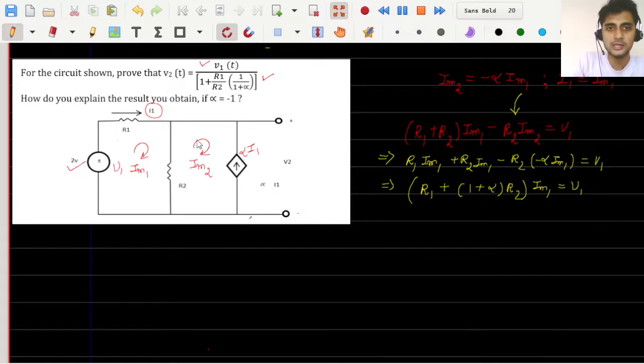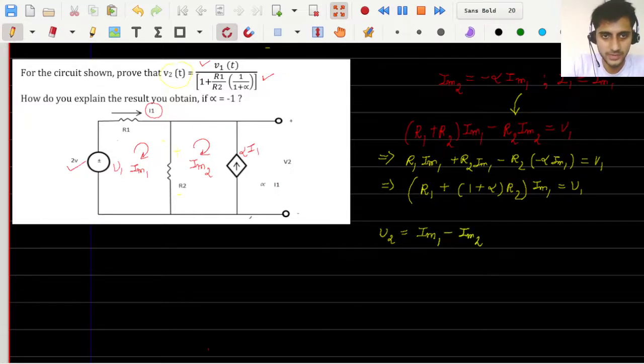Now, since we have to find out what V2 is going to be, remember that V2 in this circuit is going to be the voltage across the R2 resistance. And I can write that the voltage across R2 can be written as Im1 minus Im2.